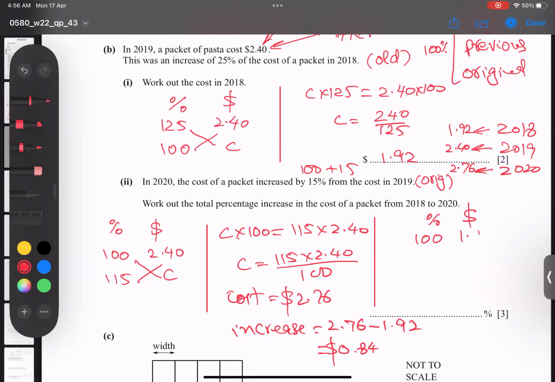Original is called 100%. And this is the change. I'm writing 0.84 and here CH for change. So let's try to solve it. So change into this, and I'm doing a shortcut. I'm just writing directly. So 0.84 into 100 and divided by 1.92. And if I check it in the calculator, it is coming 43.75.